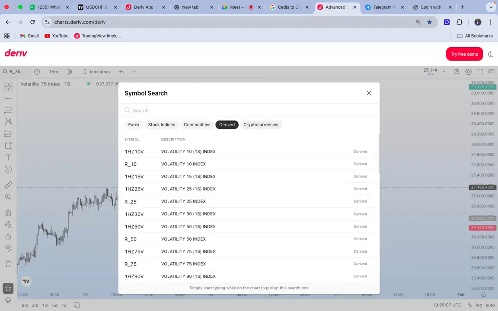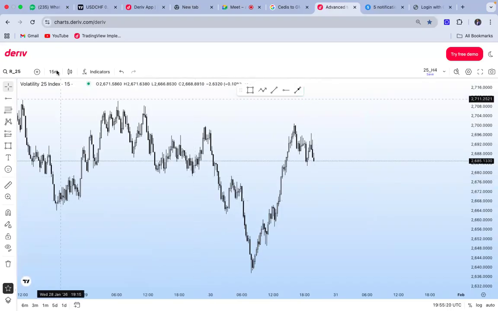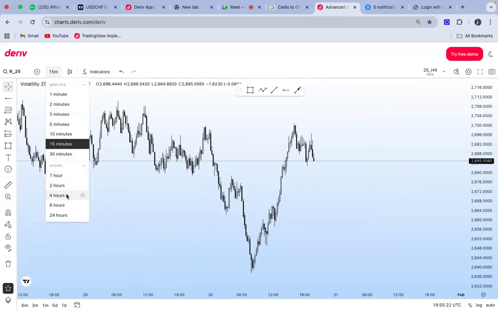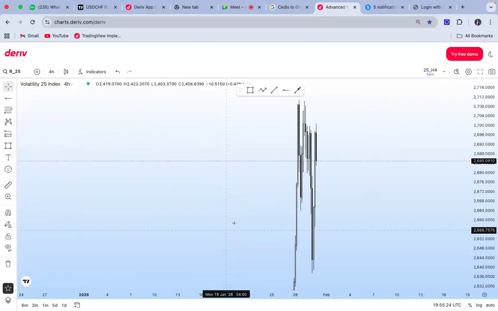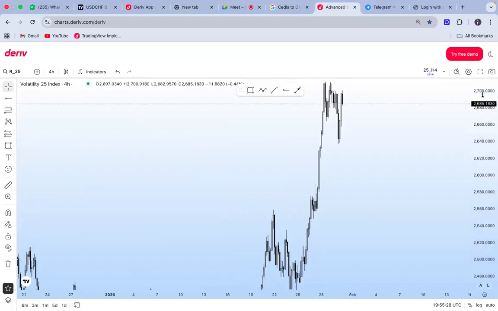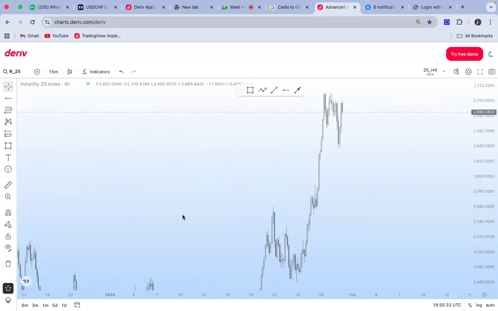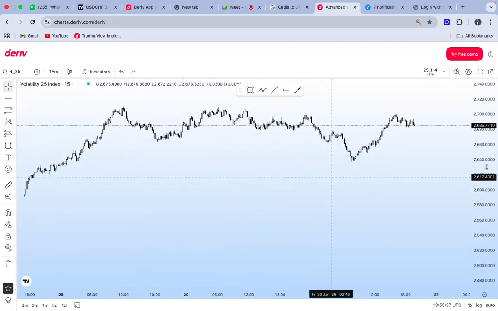Let's look at one more example. Which markets? Yeah, I think we started with this one. We started on the 4 hour time frame, and then all of us confirmed that this was an uptrend. And then I said we can zoom to a lower time frame and see how it behaved.